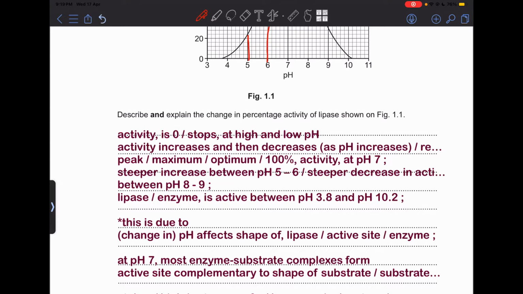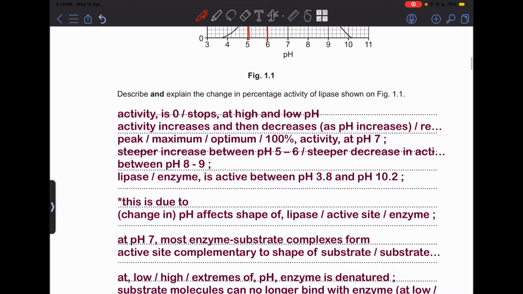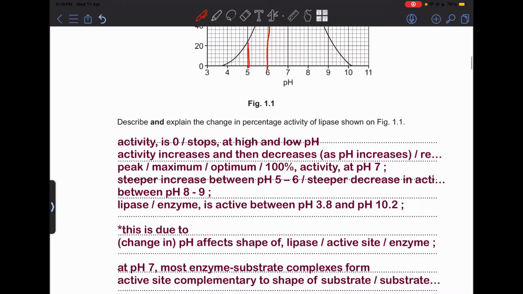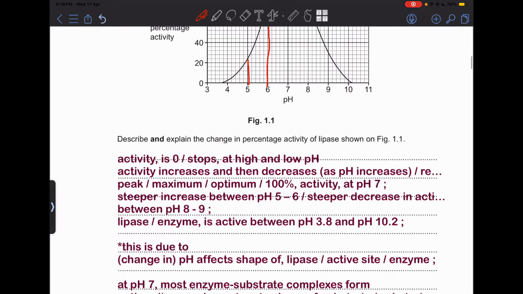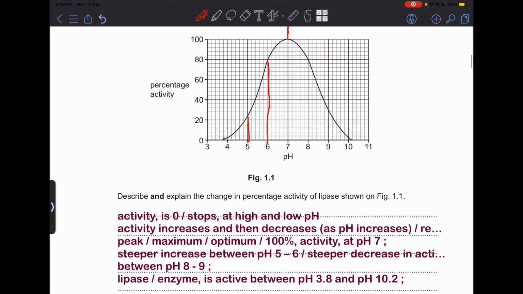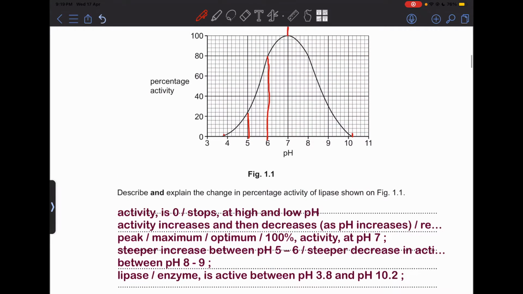If you want to write more, it's optional, but you're going to get the full marks if you only write 3. Lipase enzyme is active between pH 3.8 and pH 10.2. As I said, it started at around pH 4, which is 3.8 over here, and then it started increasing from there, and then it decreased at 10.2, which is here.